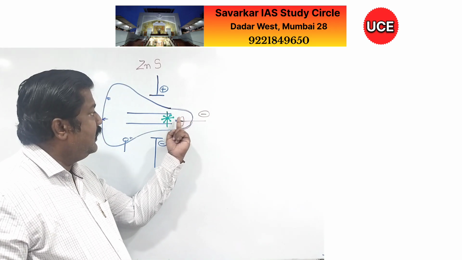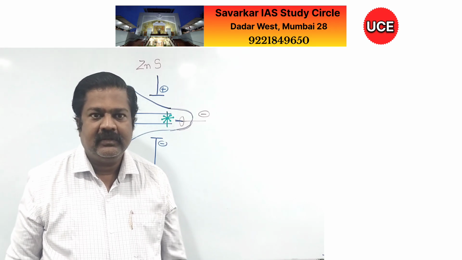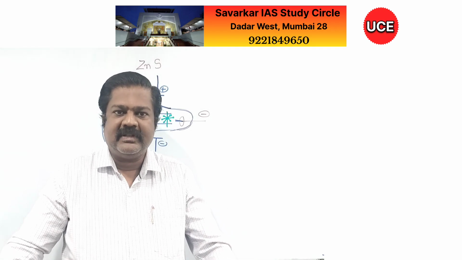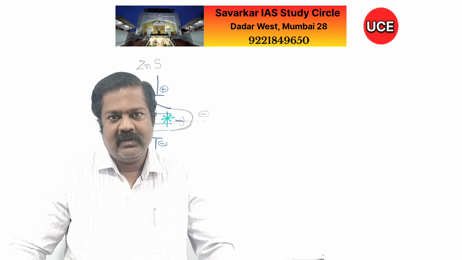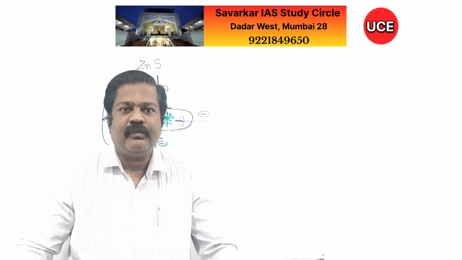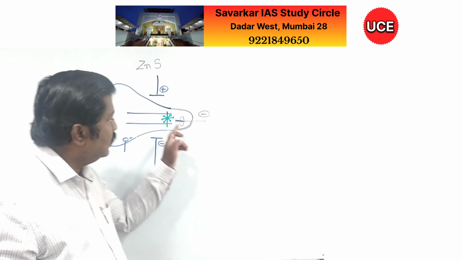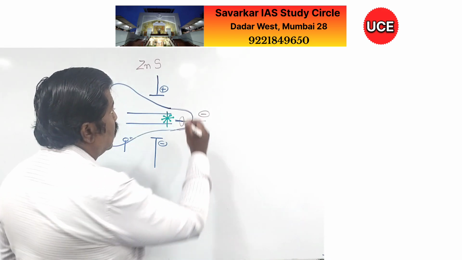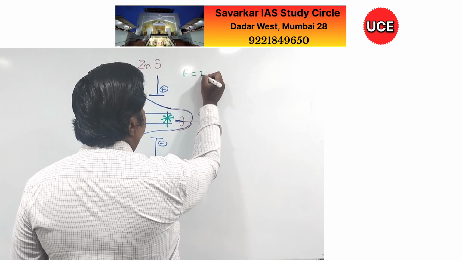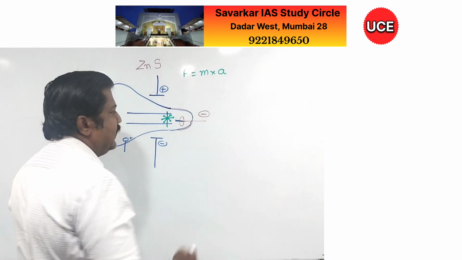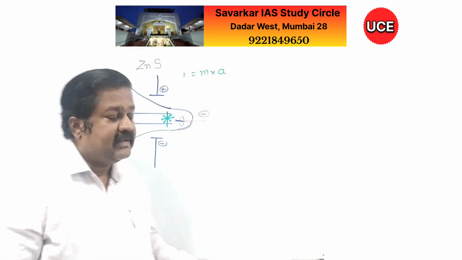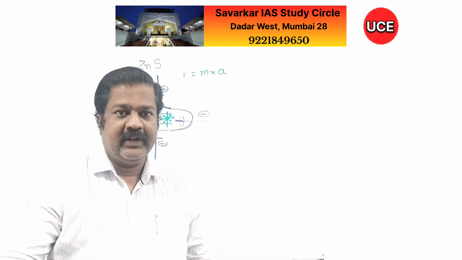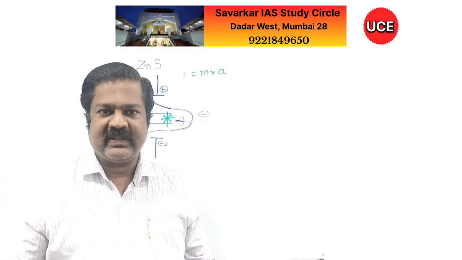You will get the wheel rotating in this direction. That means cathode rays possess mass because they are able to exert force. Because of force only, motion is there. Without force, motion is not possible. You are aware of the formula F equals mass into acceleration. As a result, force is there, which means there must be mass and acceleration. So cathode rays possess mass.